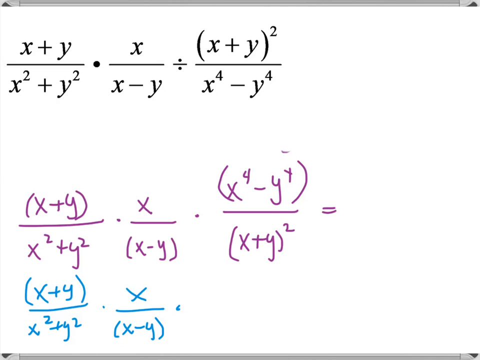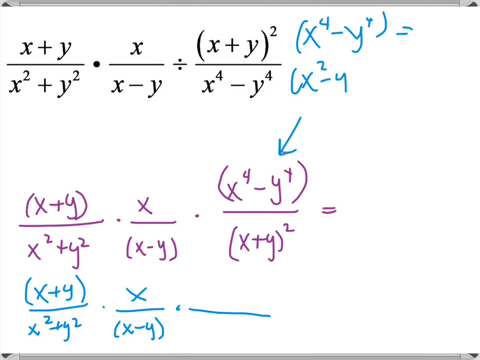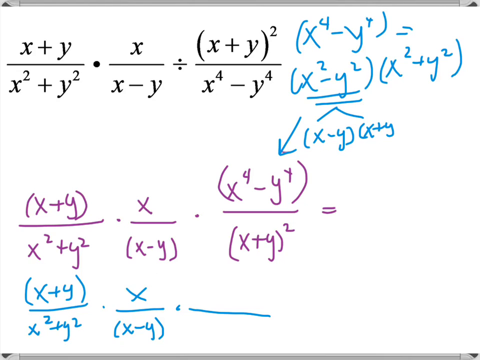And I want to multiply that by, now this becomes, let's break this down real quick up here. x to the fourth minus y to the fourth becomes x squared minus y squared times x squared plus y squared. But this right here is the difference of squares. So this can break down into x minus y and x plus y.